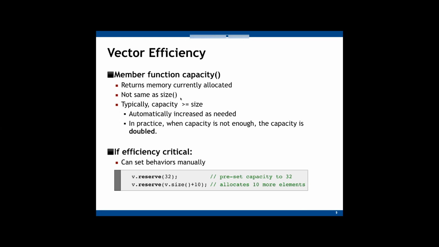The size indicates the number of elements stored in the vector, and the capacity indicates the current total number of elements that the vector can store. So they are different, and this capacity number can be increased and decreased.